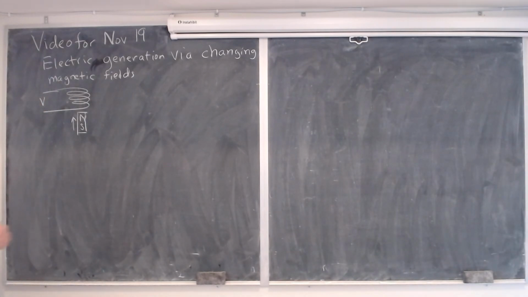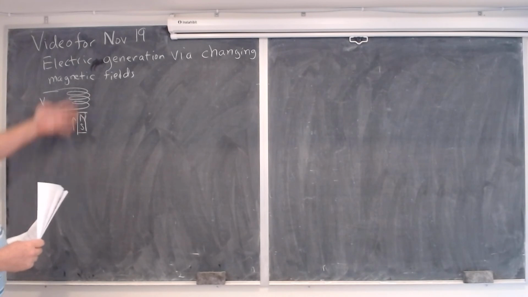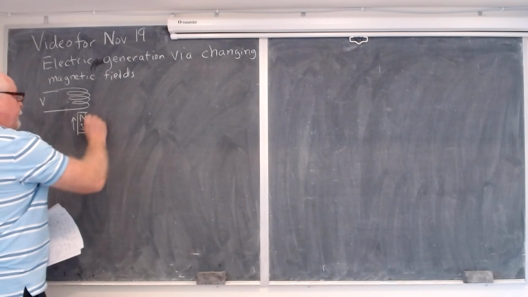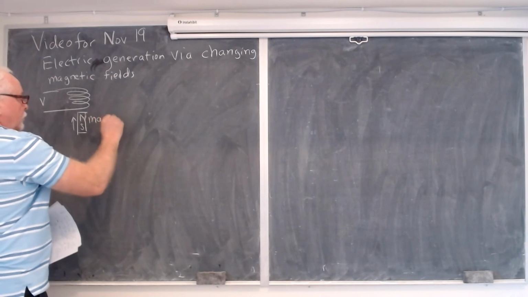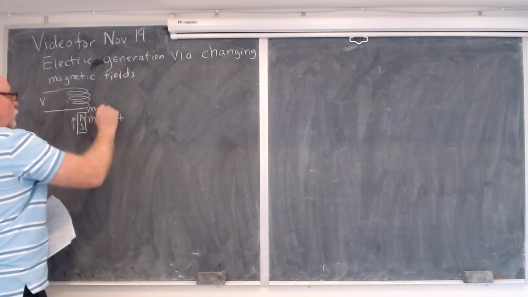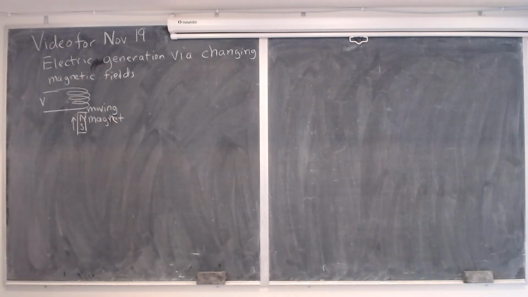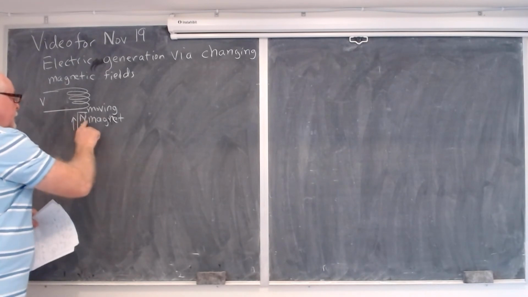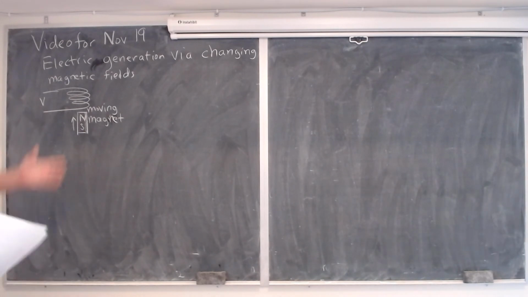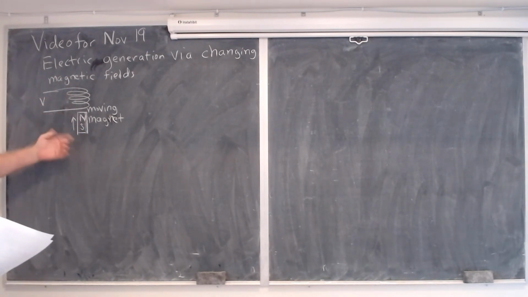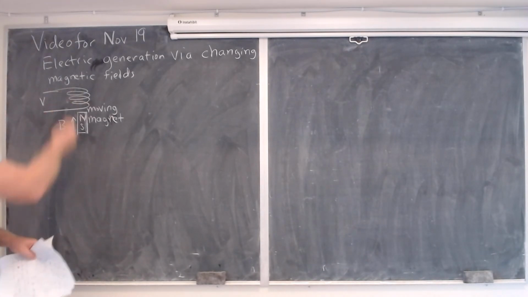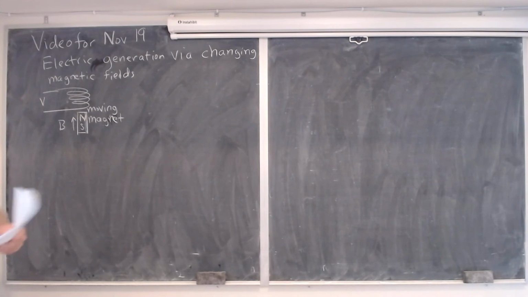We'll get to that later, but basically a moving magnet causes you to get a voltage across this coil. It was formalized because it was observed that moving the magnet required moving the magnetic field of the magnet in this direction, perpendicular to the coil.